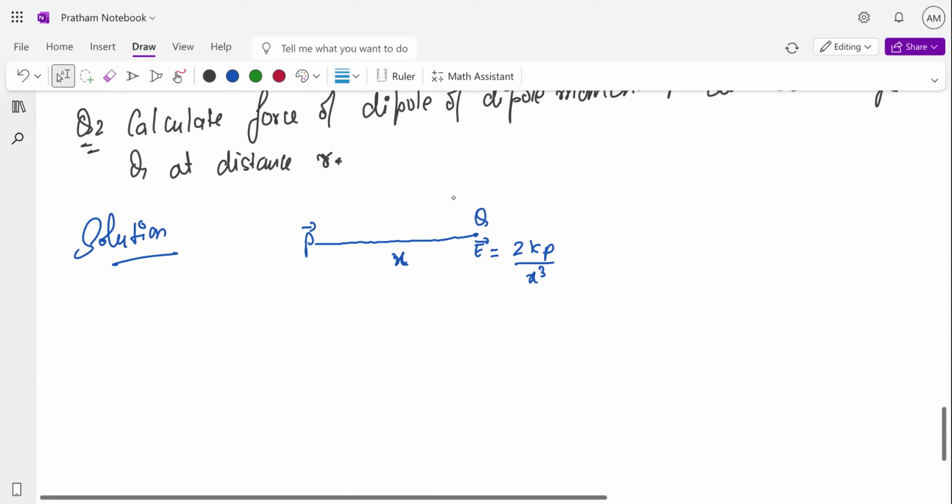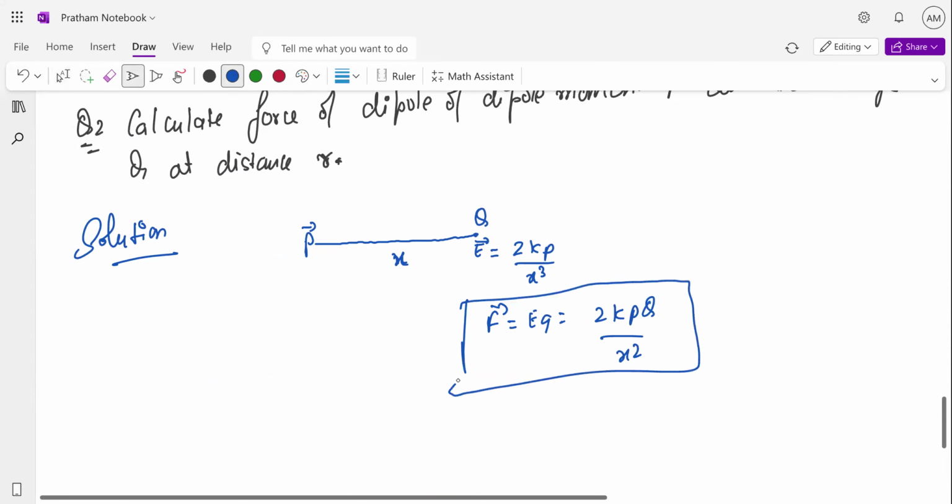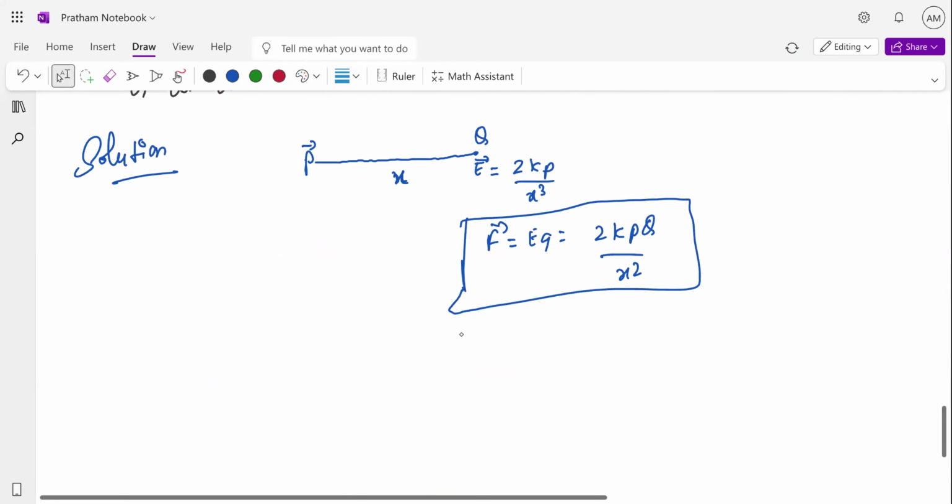Okay. So if I ask you what is the force on this charge q, you can say, sir, force is nothing but qE, which comes out to 2kpq divided by x cube. But I know one thing, that electrostatics follows the third law of motion, meaning whatever force this applies on this, the same force this is going to apply on this.